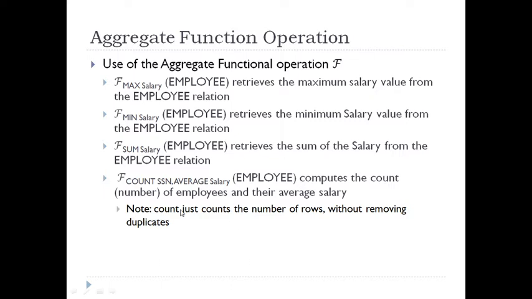And if you want to compute the count of employees, the number of employees, and their average salary, then you can use count SSN, average salary. So specify the function which you want to use and then write the attribute name. This is the syntax of an aggregate function.